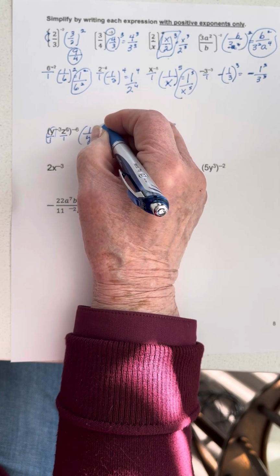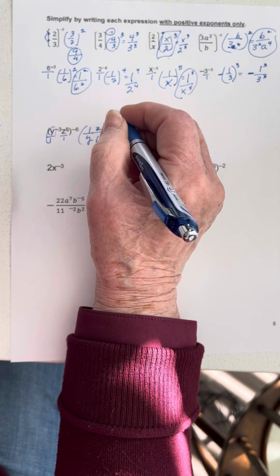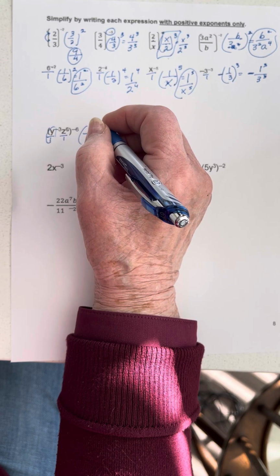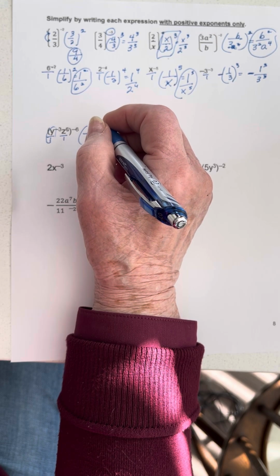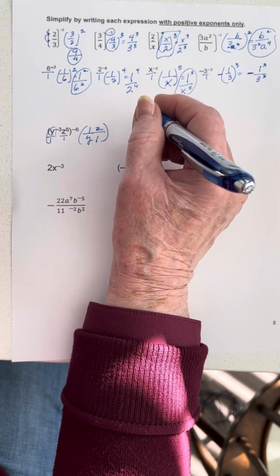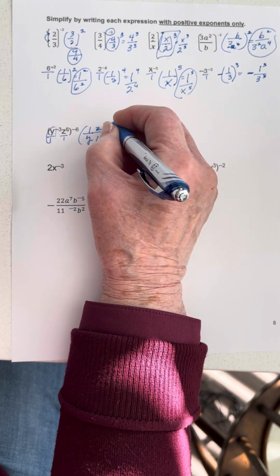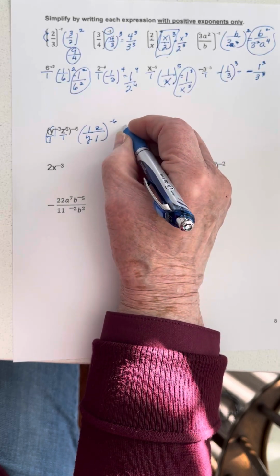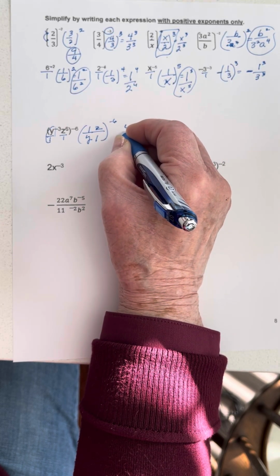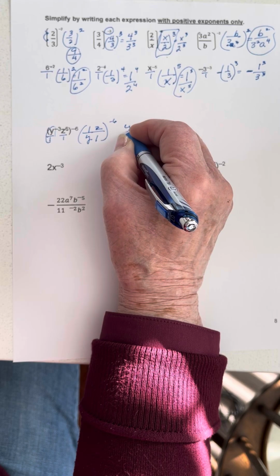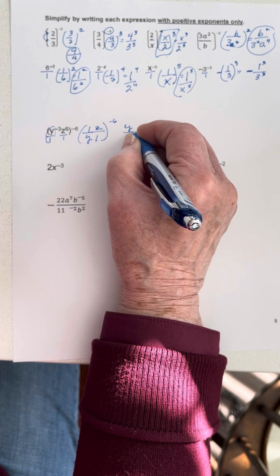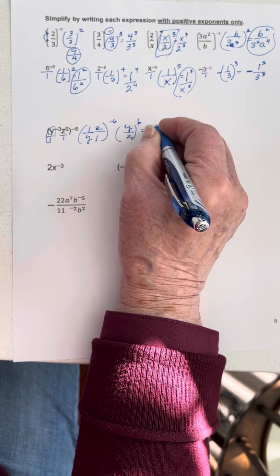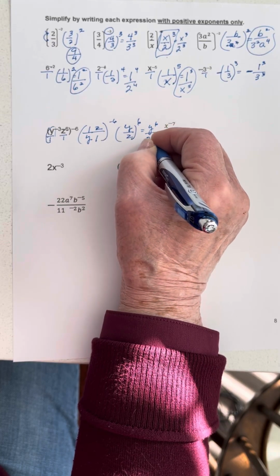And we're going to take it now to the... this is still the negative 6, so we need to flip this over. We have y over z to the positive 6. So we would have y to the 6th over 2 to the 6th.